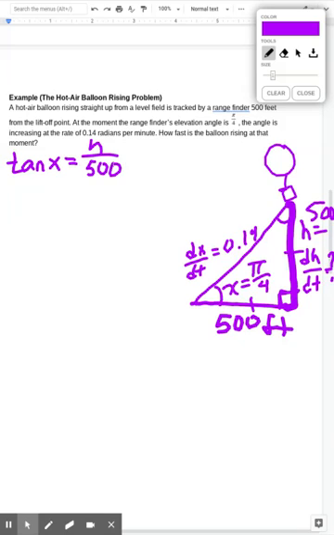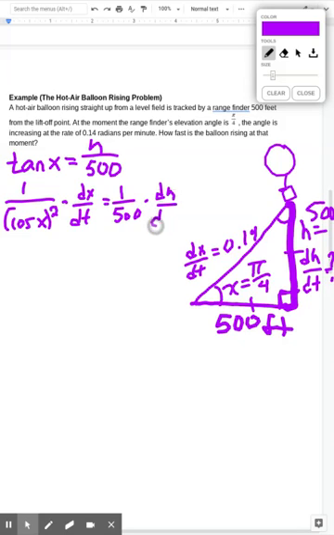Now we take the derivative of both sides. The derivative of tangent of an angle is 1 over cosine of that angle squared, and then by chain rule, implicit differentiation, we multiply by dx/dt. This is equal to 1 over 500 times dh/dt.